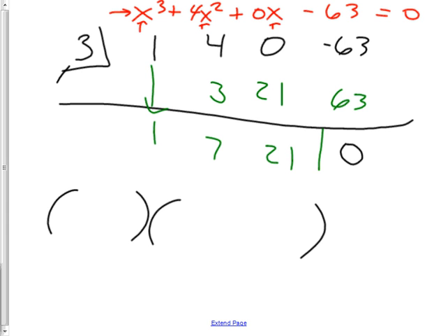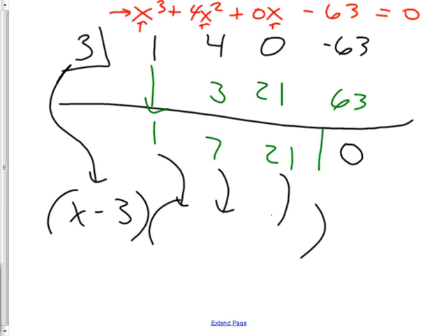What'd you get? Tell me what these mean. Almost done. You're telling me nobody knows how to do this? Okay. There we go.